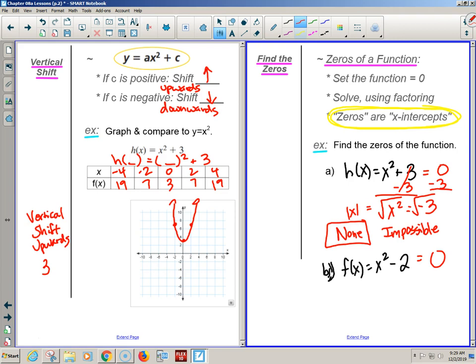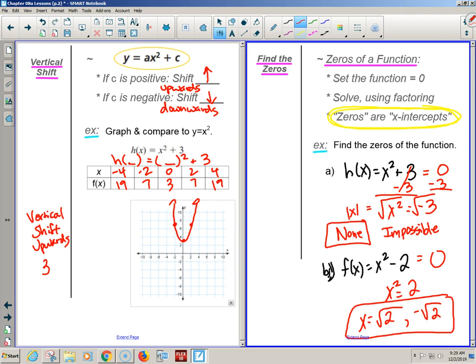No. Oh, it made sense. This guy, though, if you move that 2 to the other side, x is going to equal the positive square root of 2 and the negative square root of 2, which you could get as decimals. They would just be kind of nasty numbers, but they're legal and they're true.